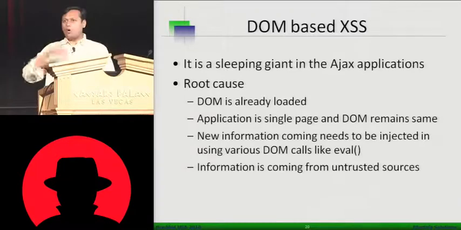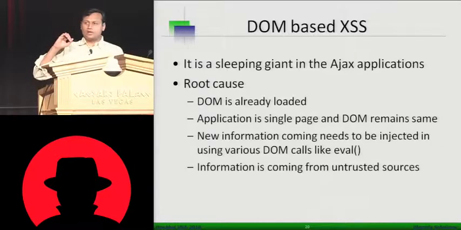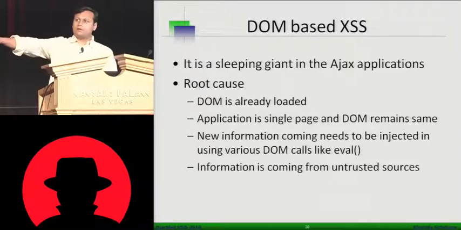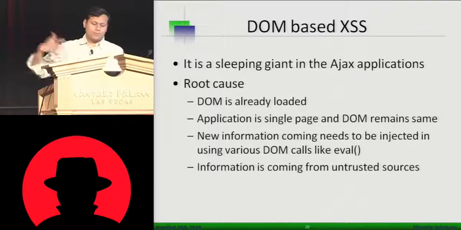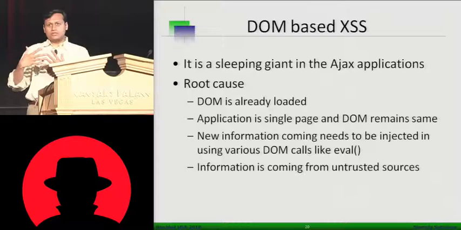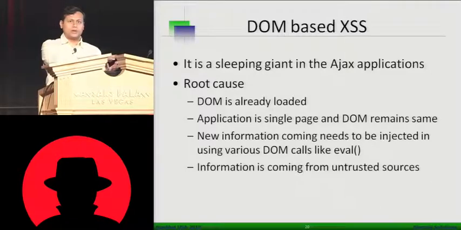So when you make a call, it will make a backend call. It will grab information, say JSON, HTML, name value pair, whatever is coming back. Now you have the memory where the DOM is loaded, and whatever is on the DOM you can see in the browser. Now this new information has come to you.